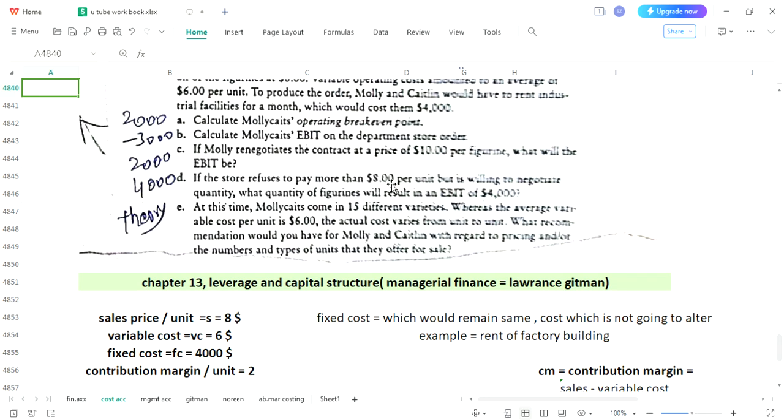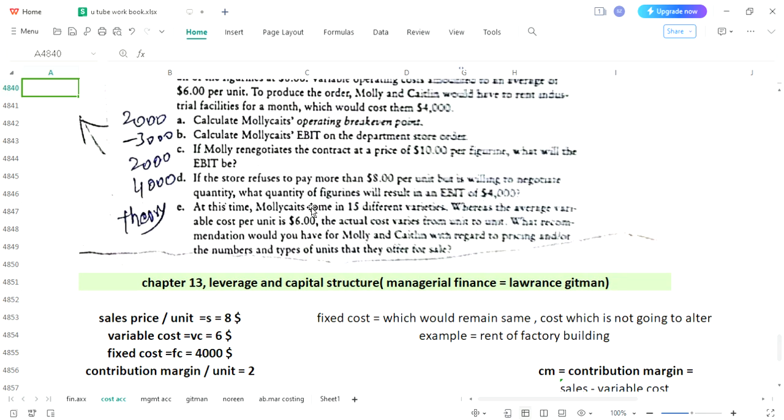They have said the per unit price would be 8, no matter how many units you can sell. Read it. If the store refuses to pay more than 8 per unit but is willing to negotiate the quantity, it means they can sell as many as they can, no fixed number of units, but the per unit sale price would be fixed.